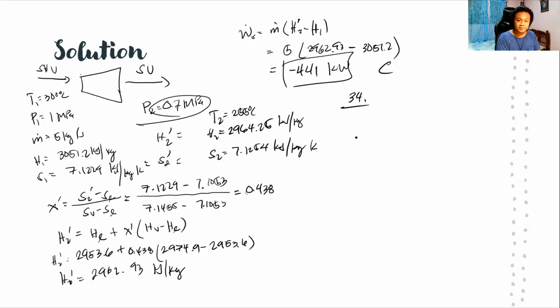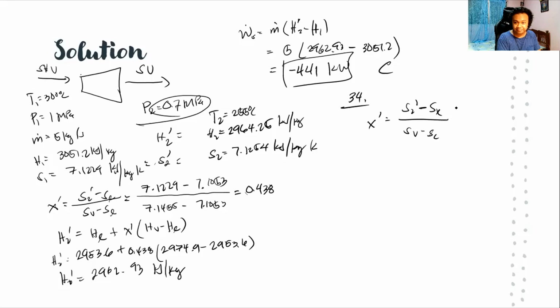Get the isentropic quality of the steam at the outlet. So we have S2, which is equal to the isentropic, so this is S2 again. SL and then SB.